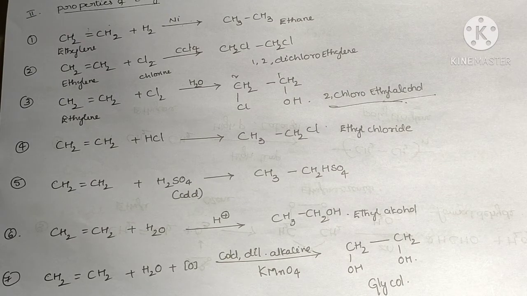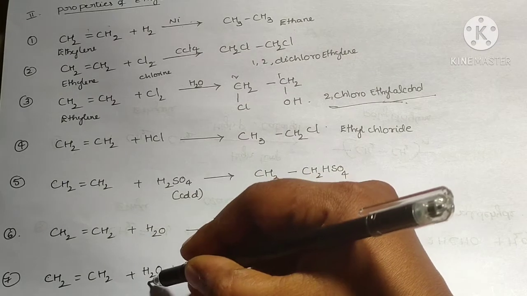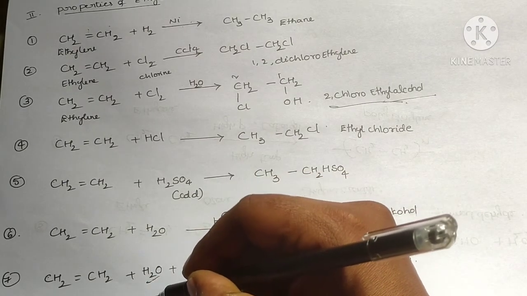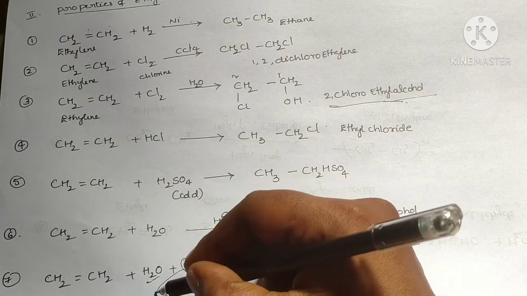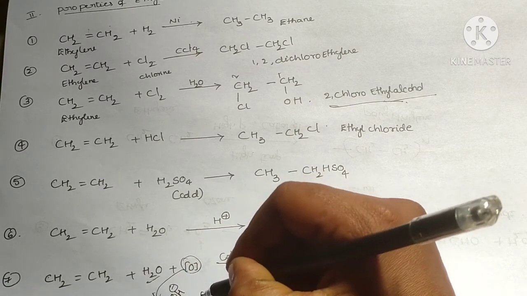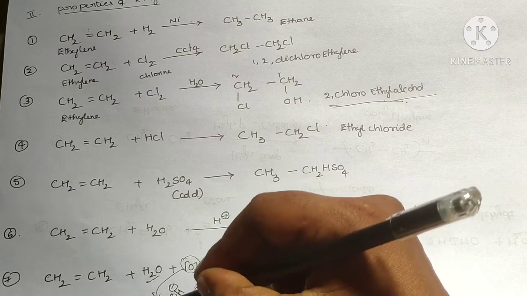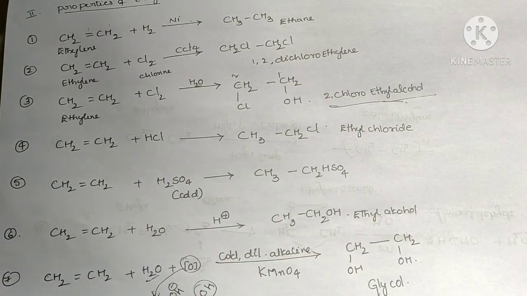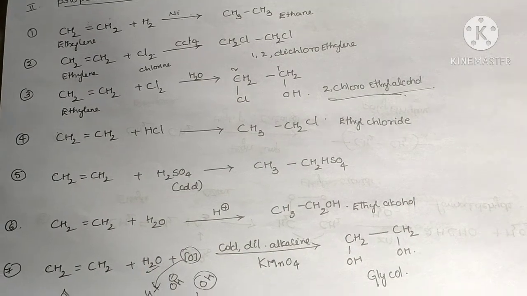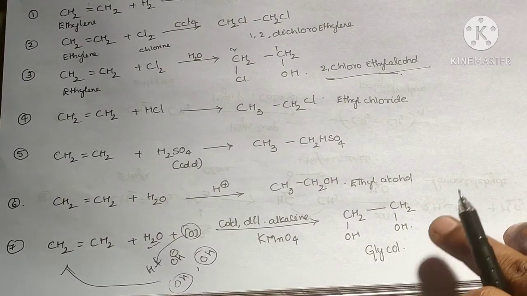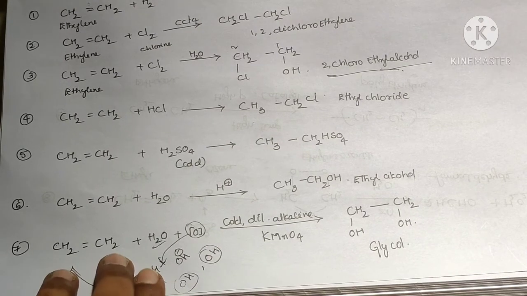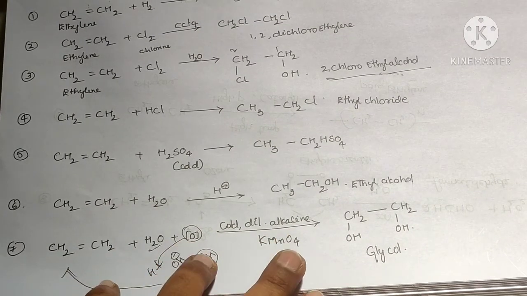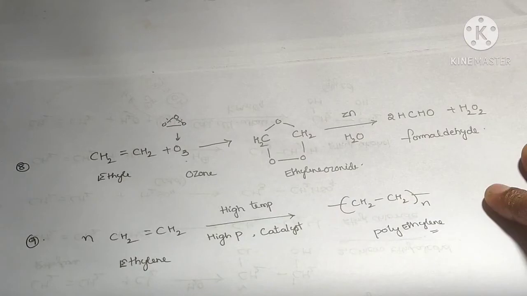In this, H2O gives H plus and OH minus, so the oxygen is added as OH and OH. These two OH groups are attached to the carbons. Ethylene glycol is produced from ethylene using cold and dilute alkaline KMnO4.